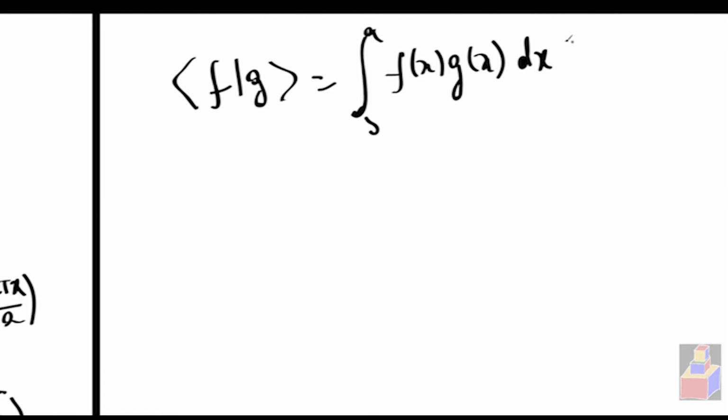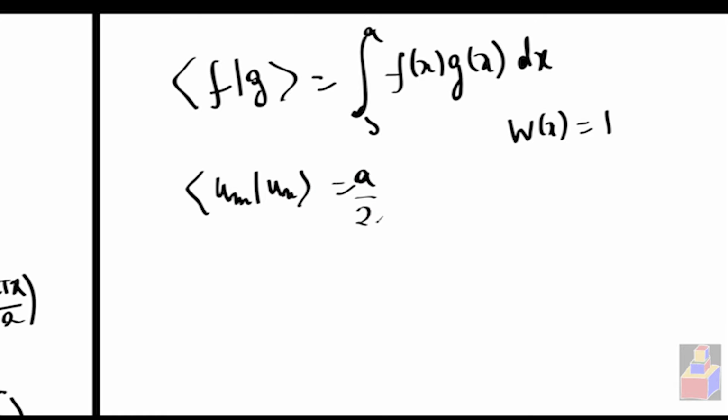Remember that W, which governs our Hermitian operator, equals 1. So we would have a W here in the definition, but W equals 1. So remember that Um dot Un equals a over 2 delta mn, where delta is the Kronecker delta.